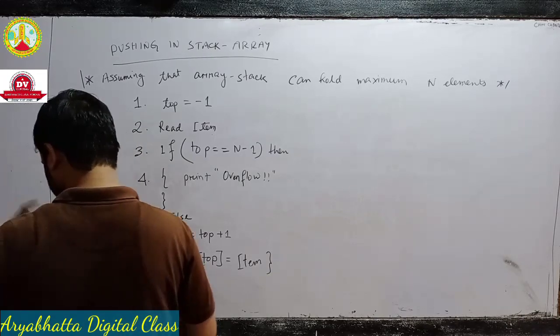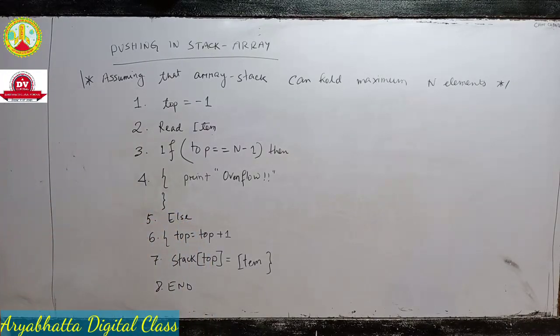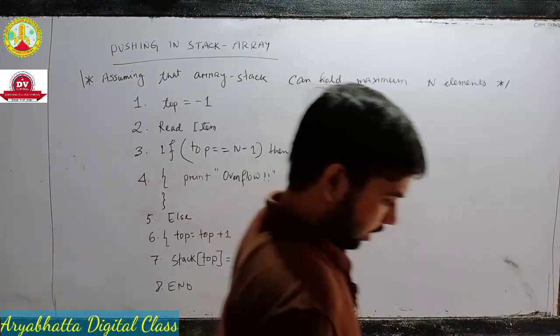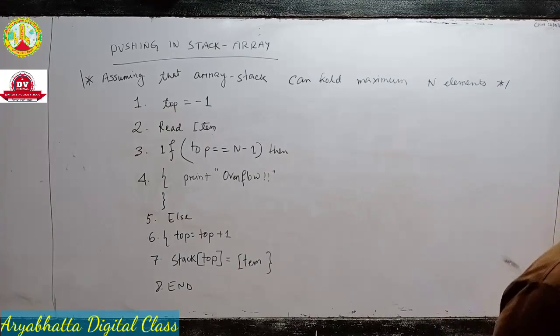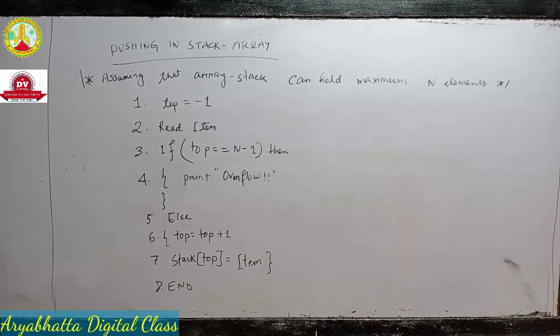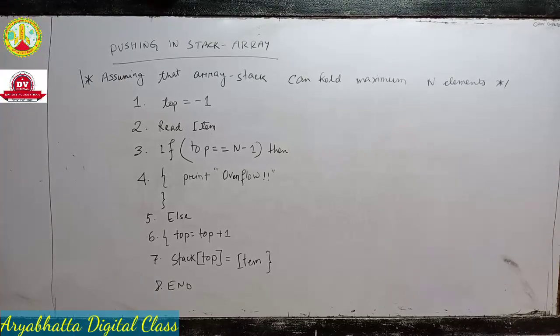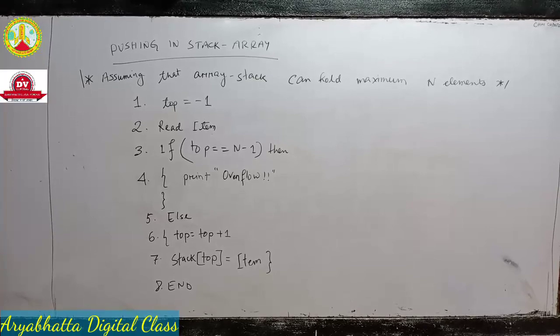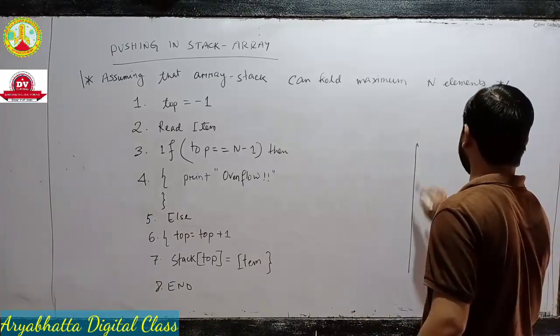Okay, you see, if you understood the basic logic of insertion, then you will usually understand this algorithm. We assume the array stack can hold a maximum of n elements.